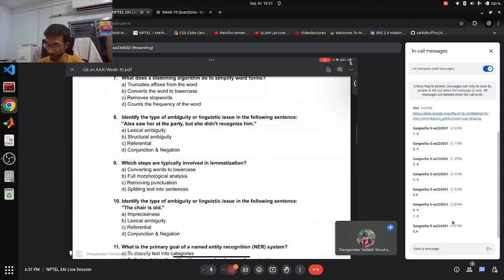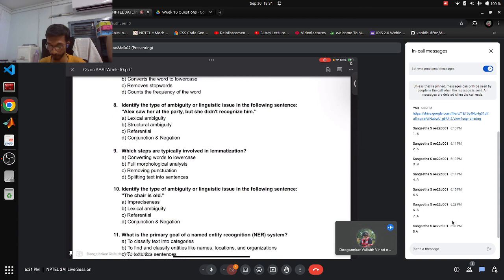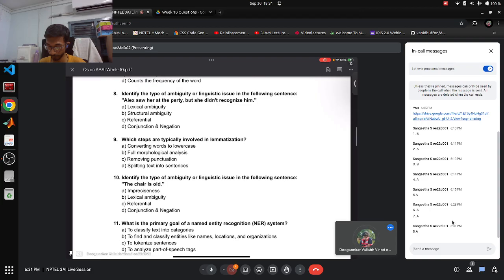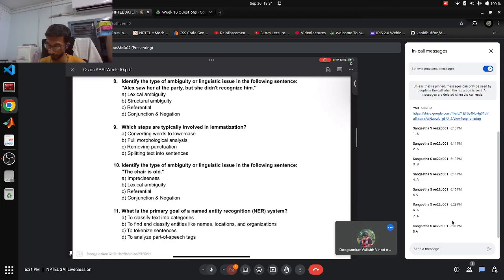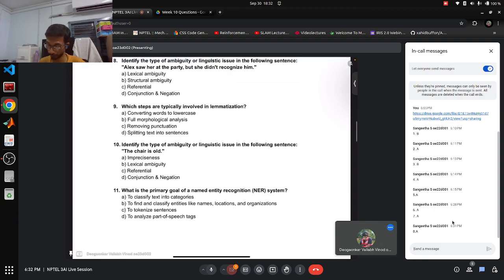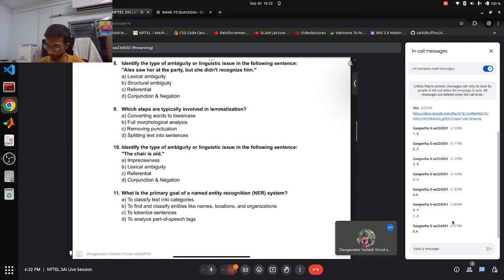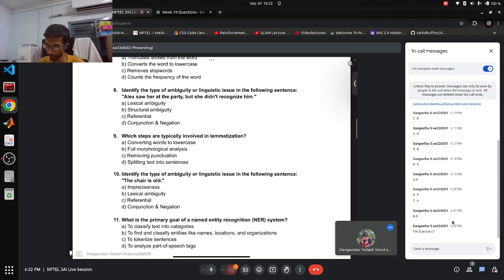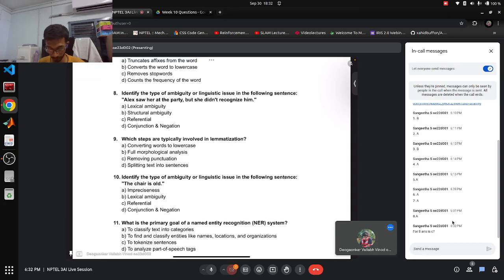So that is a referential ambiguity that can't be resolved in the sentence unless more context is provided. Yes, for 8 the answer is C, referential.